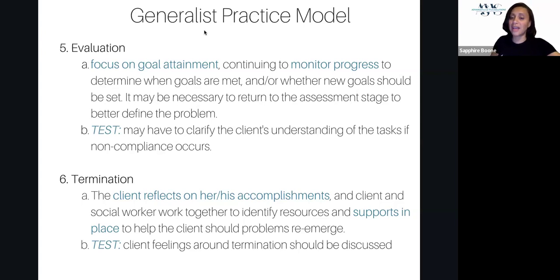Termination is for clients that have made significant progress. Of course, when we think about the code of ethics, we know that there's a clause that we can terminate for non-payment, but we definitely want to make sure our clients are safe. They're not a harm to themselves or others.